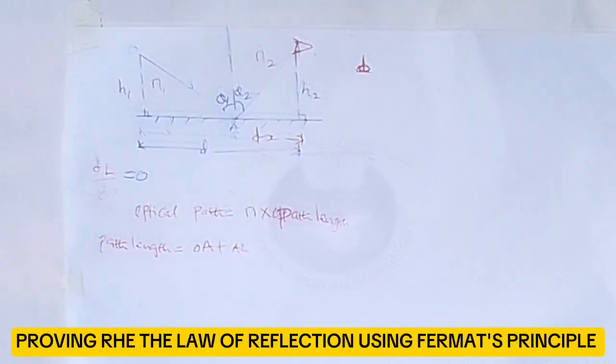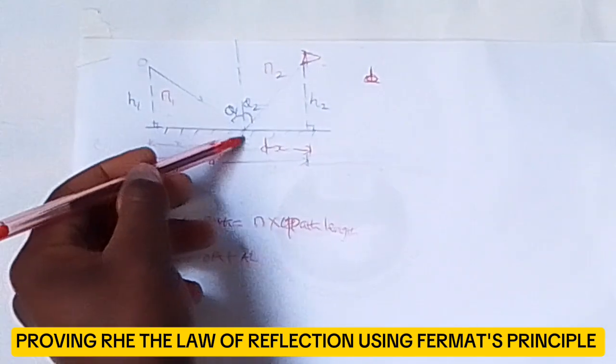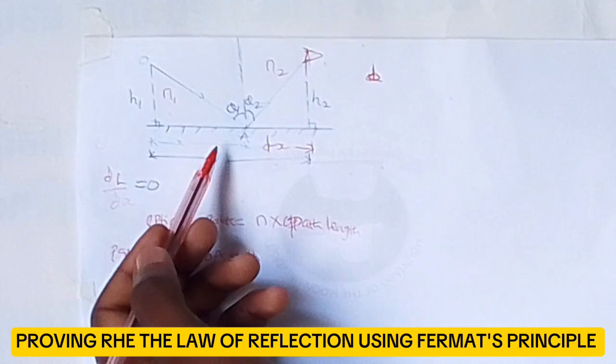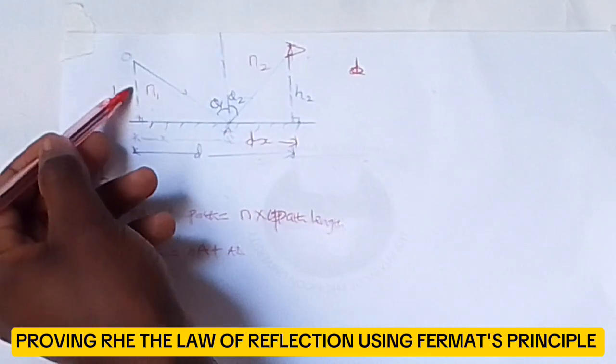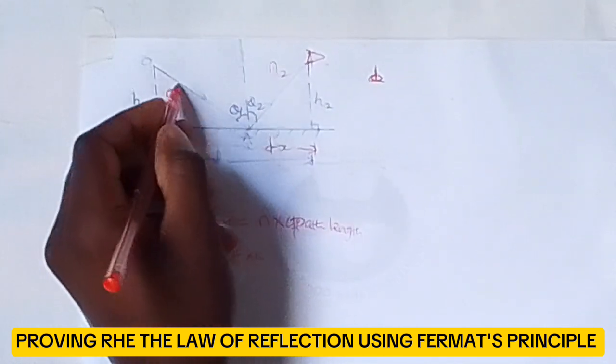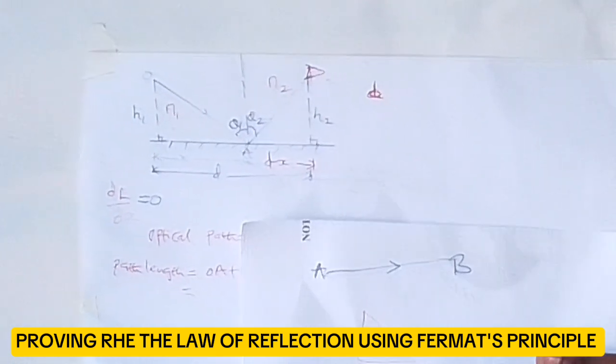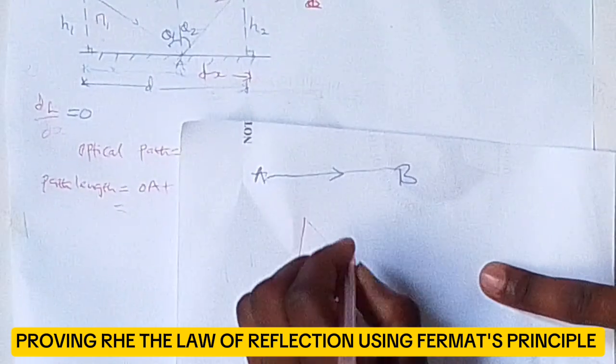Now, how do we get OA? When you look at this right angled triangle, if we use Pythagoras theorem, of course the square of this plus the square of this is equal to the square of this. So to determine this, let me show you clearly. I want to determine this distance.